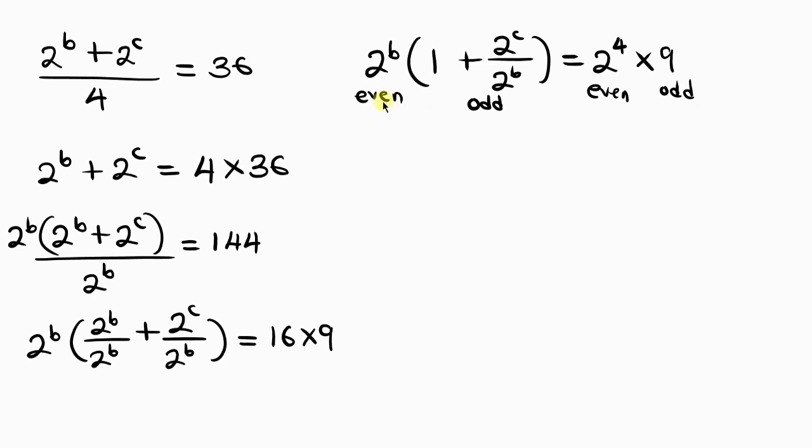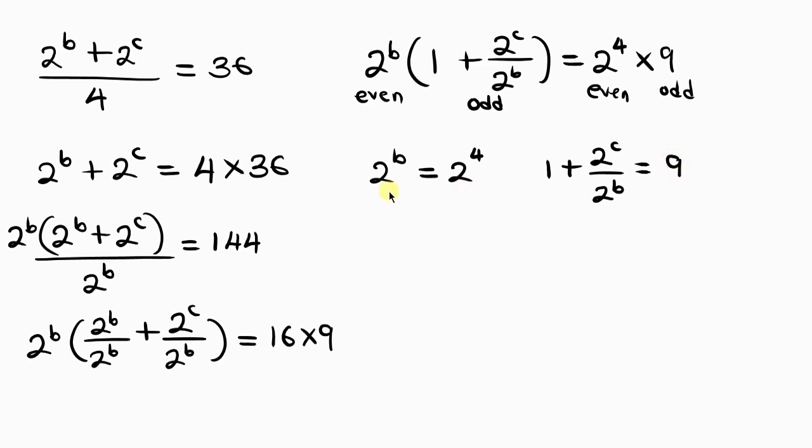Now comparing the left hand side to the right hand side, we have 2 to the b, which is even on the left, is equal to 2 to the 4th, which is even on the right. Now on this other one, on the left, which is odd, I have 1 plus 2 to the c over 2 to the b is equal to 9, which is odd on the right hand side.